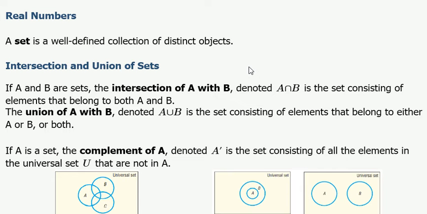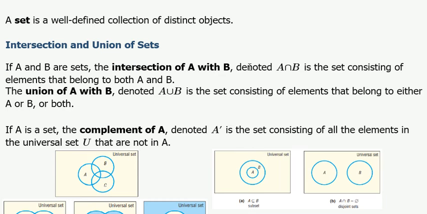It starts with the set. Its definition is a well-defined collection of distinct objects. Intersection and union of sets: if A and B are sets, the intersection of A with B is a set consisting of the elements that belong to both A and B. Since you have two sets, there is also a union that has all the elements that belong to either A or B or both.